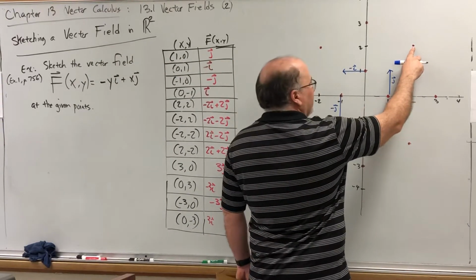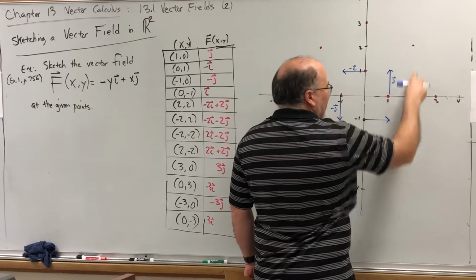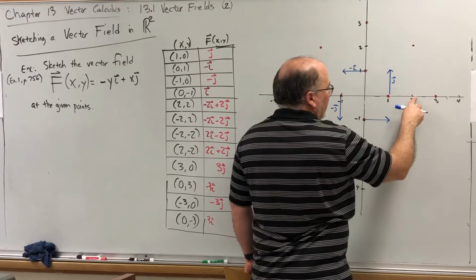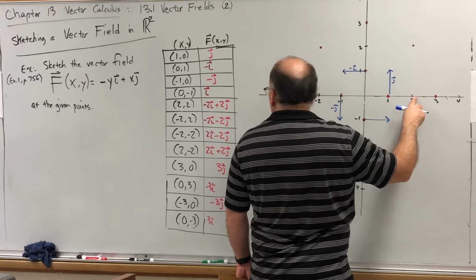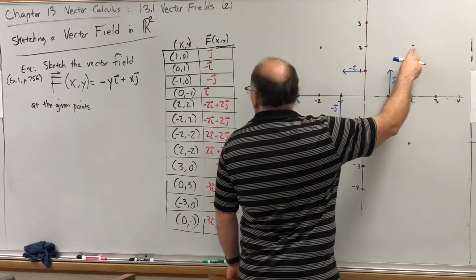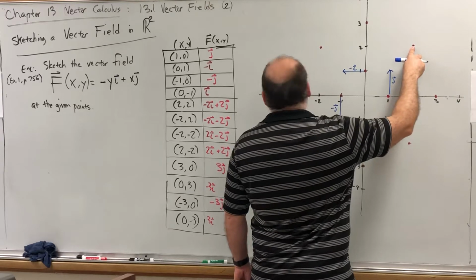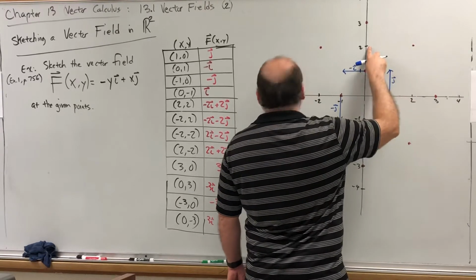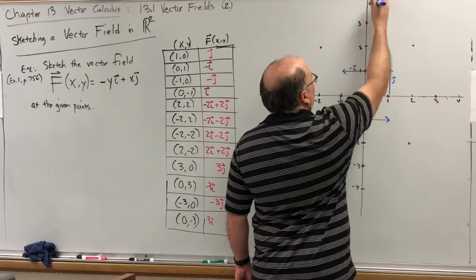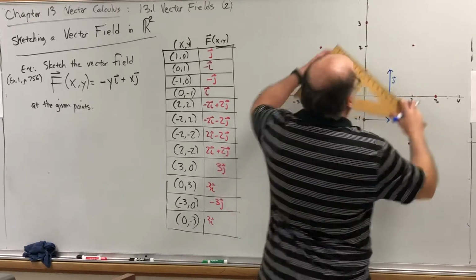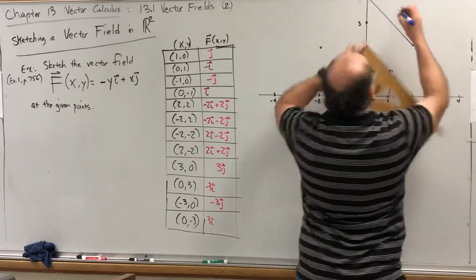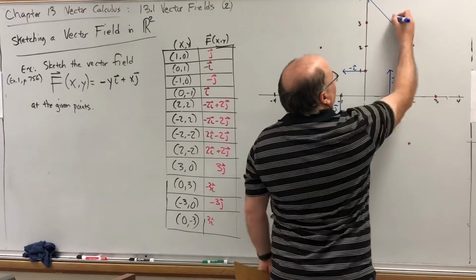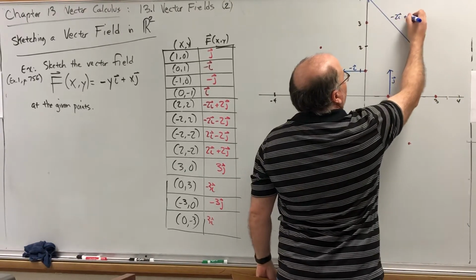We need to go -2 in the i direction, so that would be down, and 2 in the j direction. Is that correct? No, i wouldn't be down. Sorry. We need to go -2 in the i direction, which is 2 to the left, and then 2 in the j direction, which is up. So it would actually give me a vector whose terminal point is at 4 on the y-axis. So there's the vector -2i plus 2j.